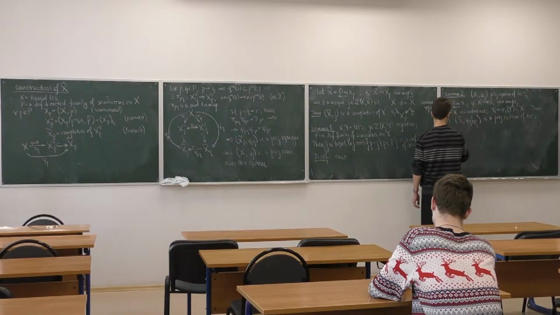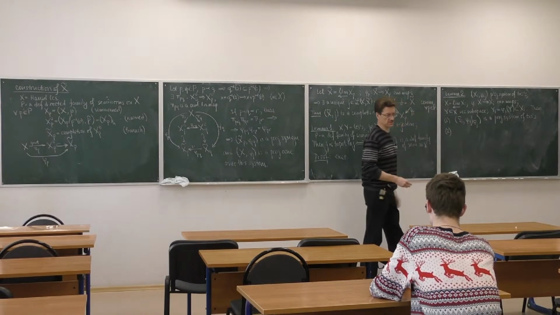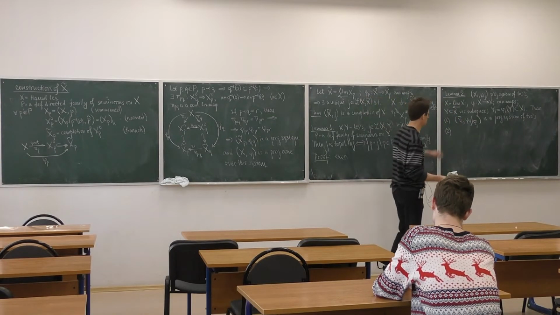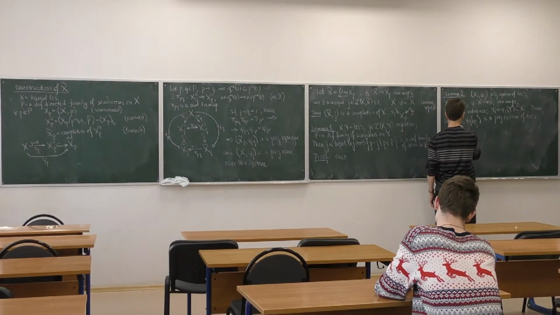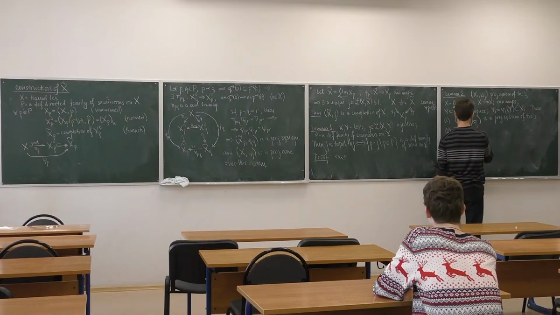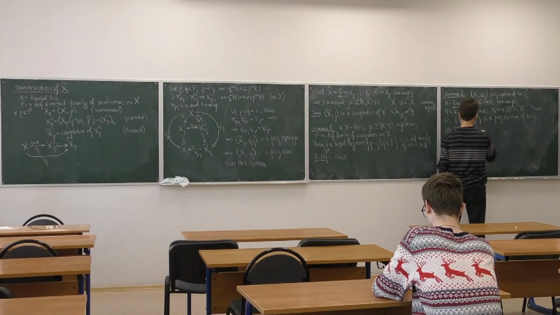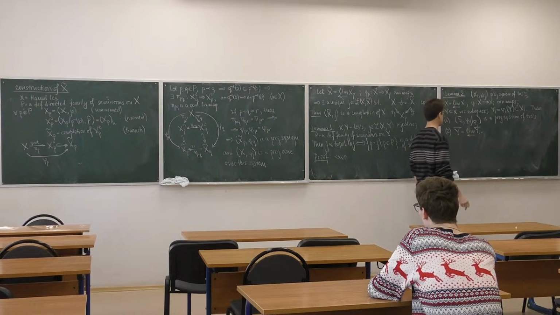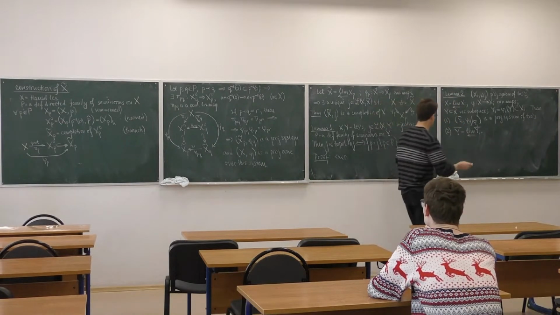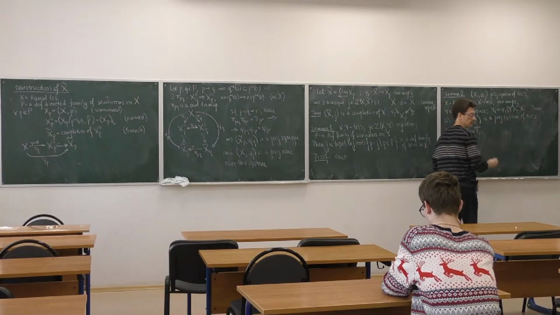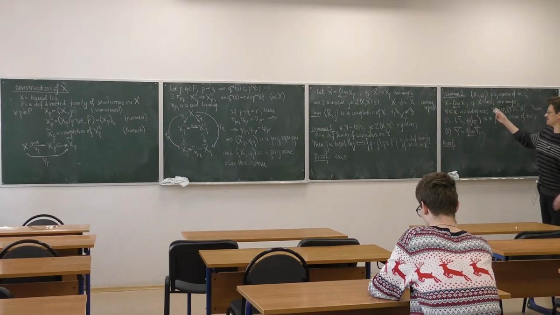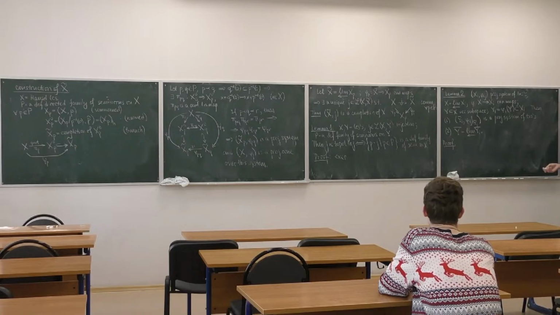And the projective limit of this system is nothing but the closure of Y in X. The closure of Y is the projective limit of this system. Well, I've already included this lemma as an exercise in the respective exercise sheet.